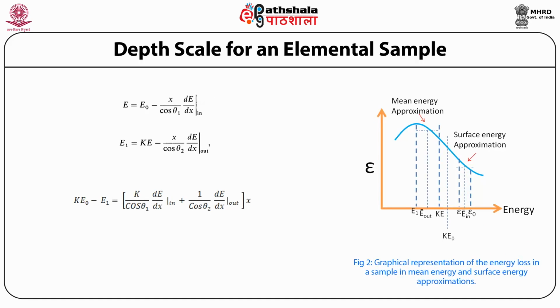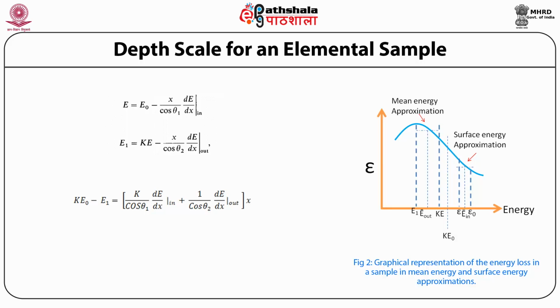A graphical interpretation of these two equations is given in figure 2 that represents the energy loss in a sample in mean energy and surface energy approximations. Part A shows dE by dx as a function of energy as a light line.